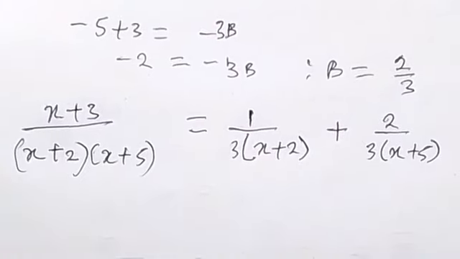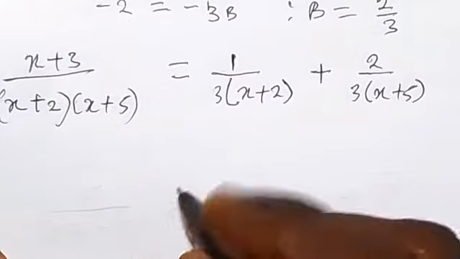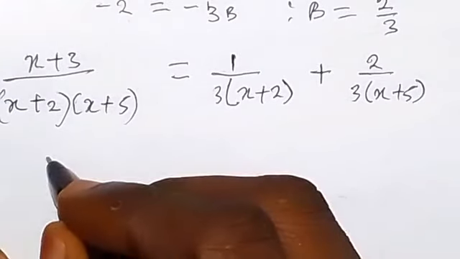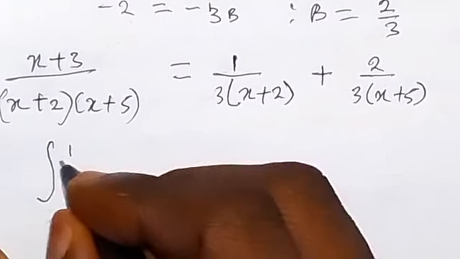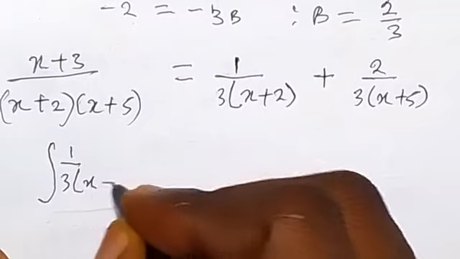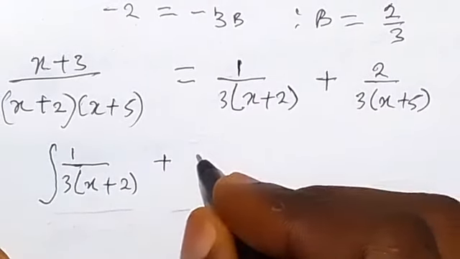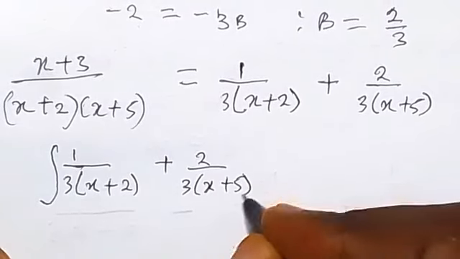So this is our integrand now. We now integrate what we have on the right hand side. When you introduce the integral sign, our integral is 1 over 3(x + 2) plus 2 over 3(x + 5) dx.